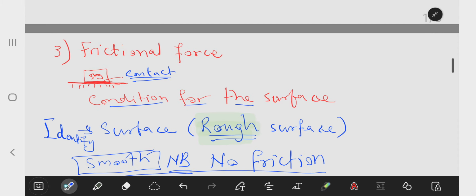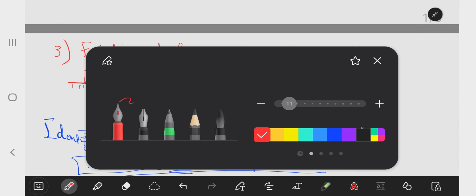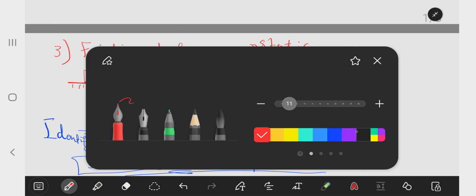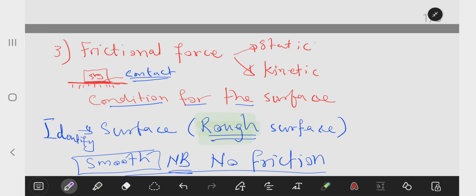In terms of frictional force, there are two types of frictional force actually. The first one is static frictional force, and the second one is kinetic frictional force. The difference between the two is quite simple if you explain it in terms of movement. For static, the object is stationary, meaning the object is not moving.